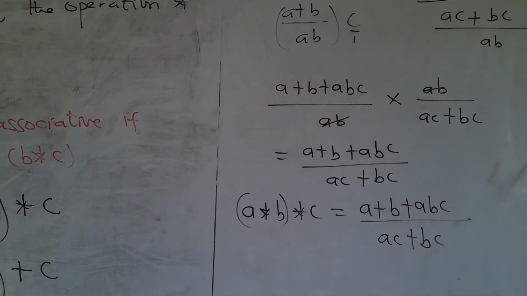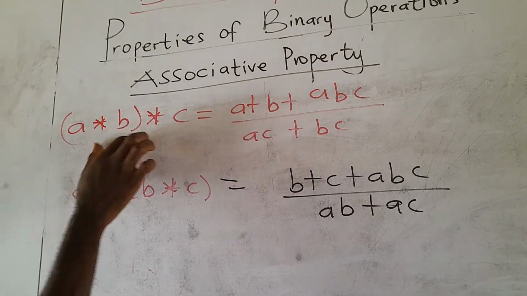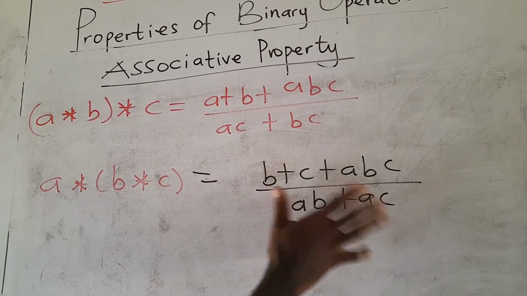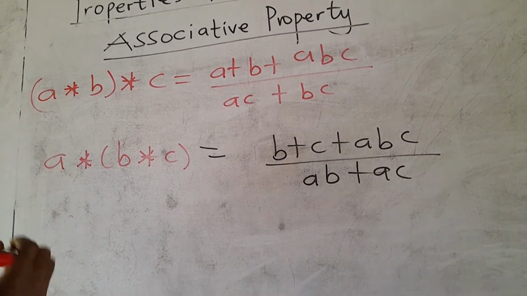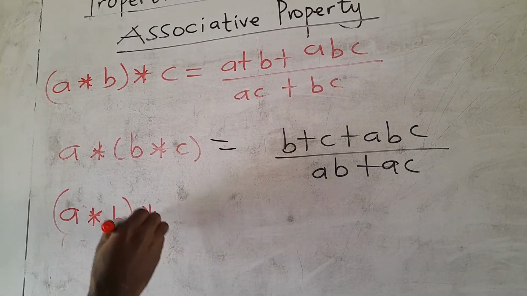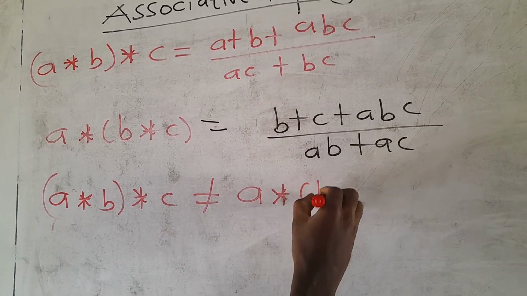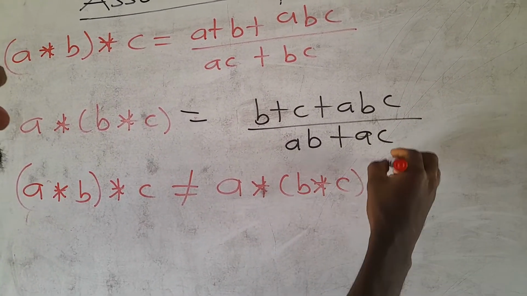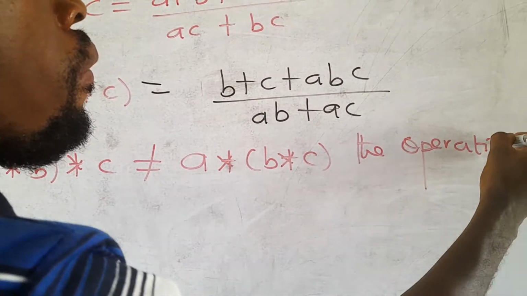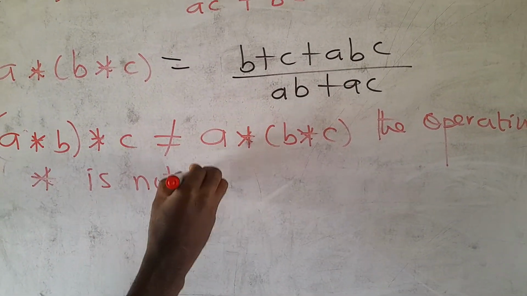Since A star B in bracket star C is not equal to A star B star C in bracket, the operation star is not associative.